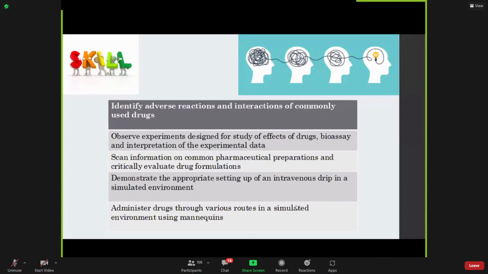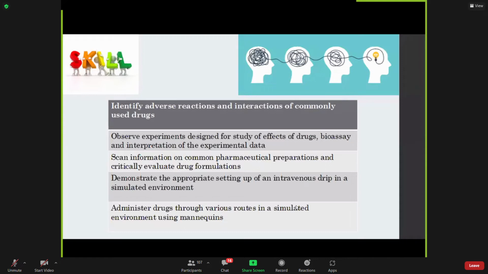Another idea which you would be given as one of your practicals, I think two of your practicals, would be the study of effects of drugs. Designed for the study of effects of drugs. Bioassay is not particularly for you, and interpretation of experimental data.